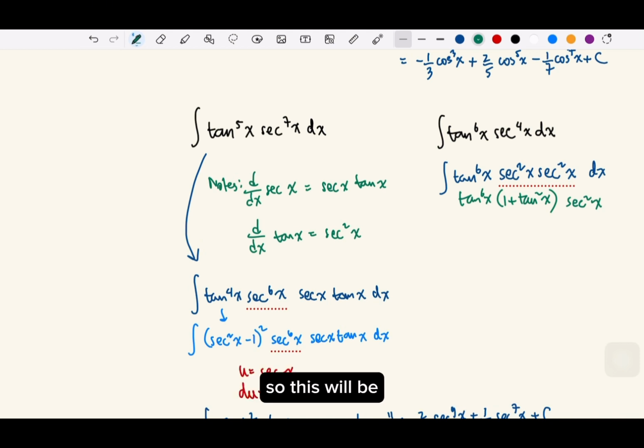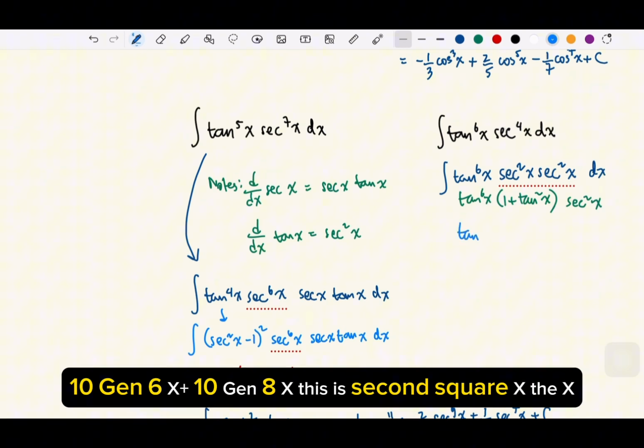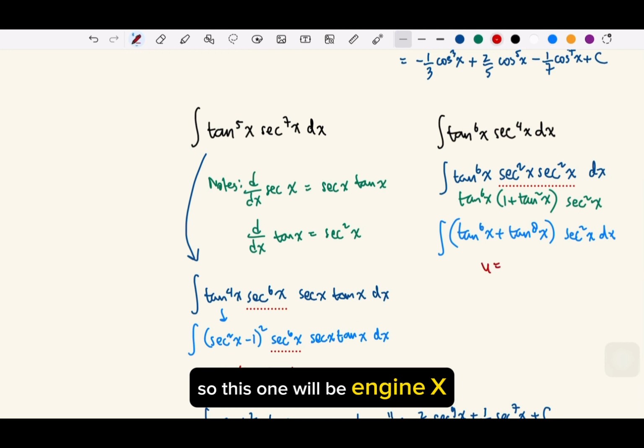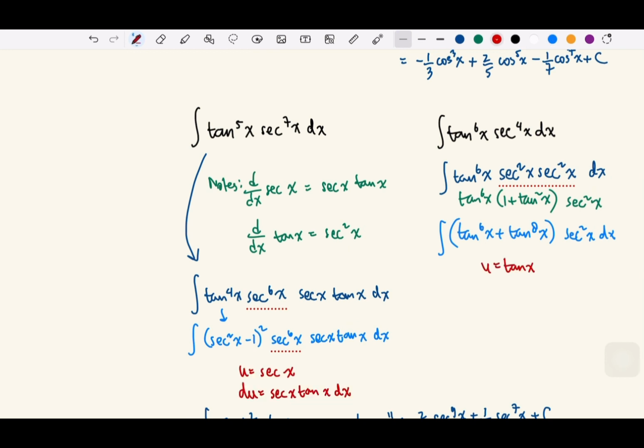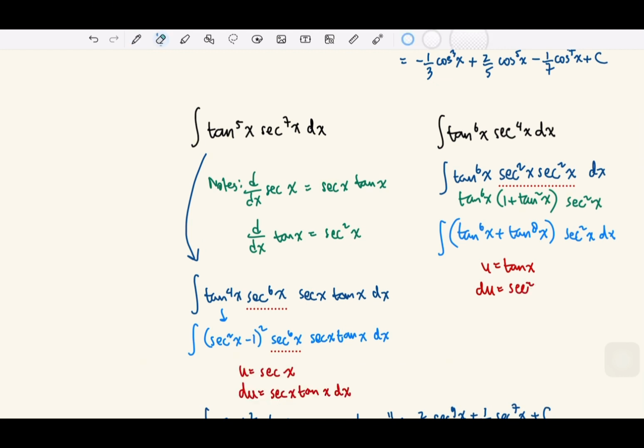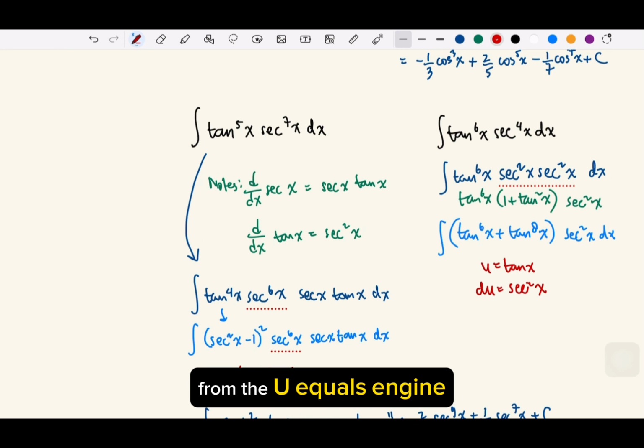So this will be tangent 6x plus tangent 8x, times secant squared x dx. So this one will be u equals tangent x, and we are going to cancel the secant squared x from the u equal tangent.